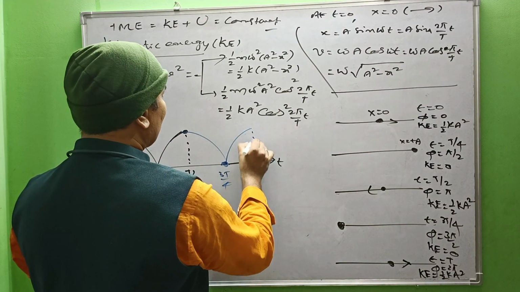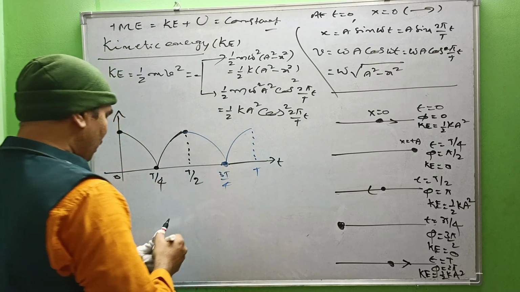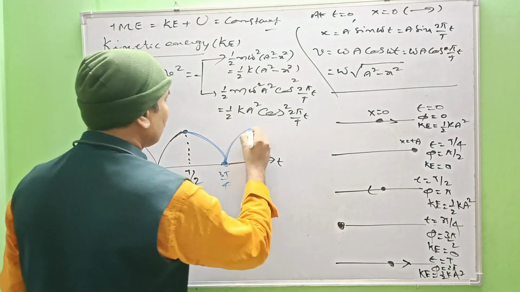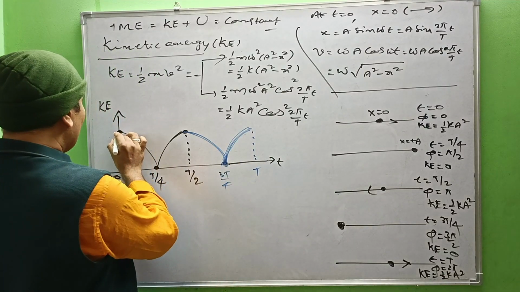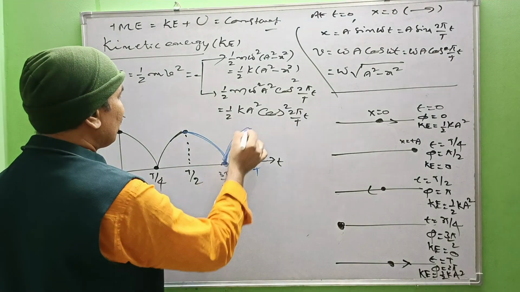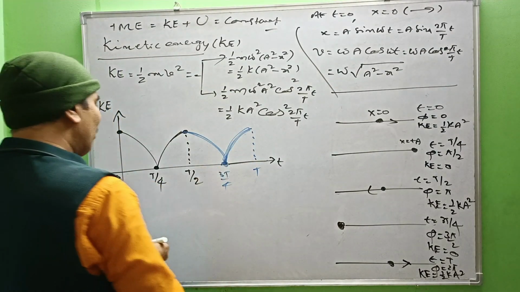It reaches its maximum value. See here, from here to there it is in black color, but here to there in blue color. Why take it like that?